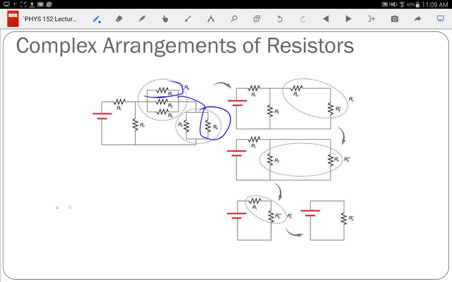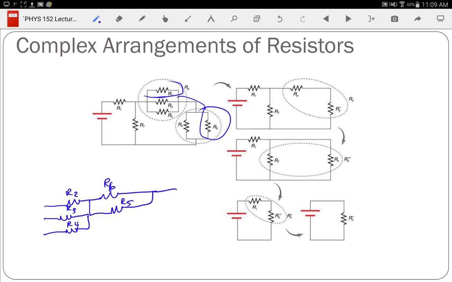I could have rewritten that piece like this. You say, well, R2 and R6 are one right after the other, so why wouldn't that be in series?